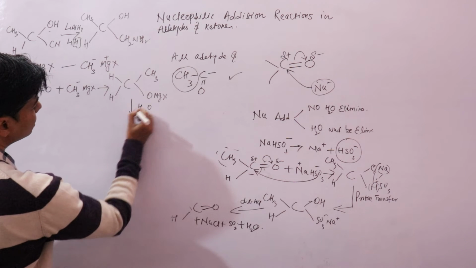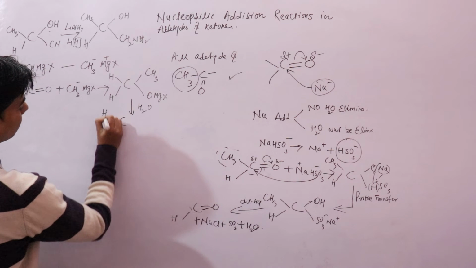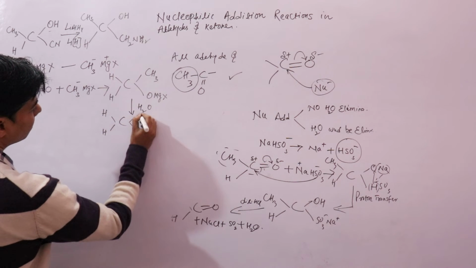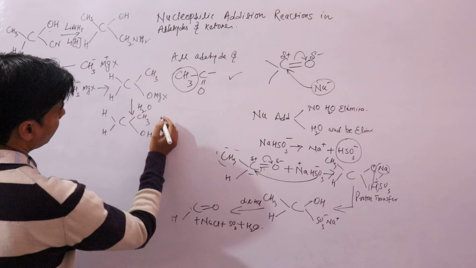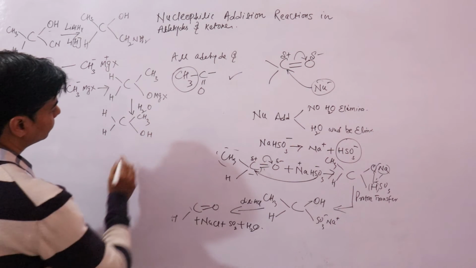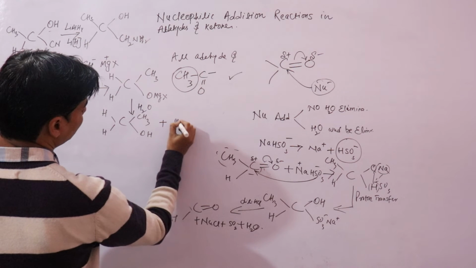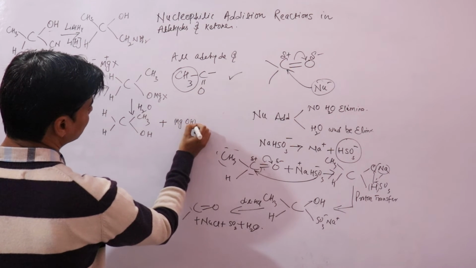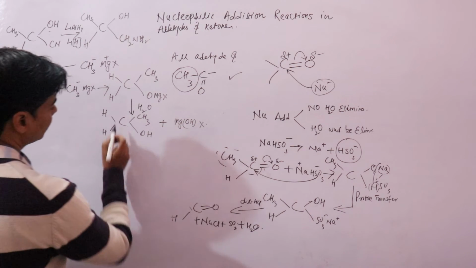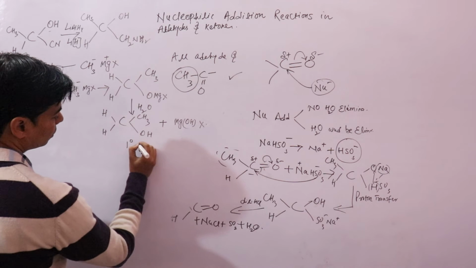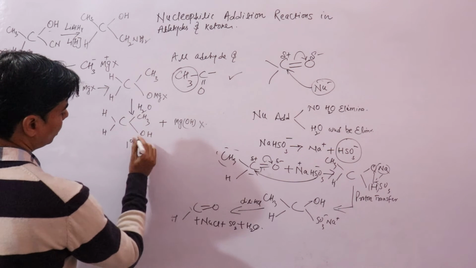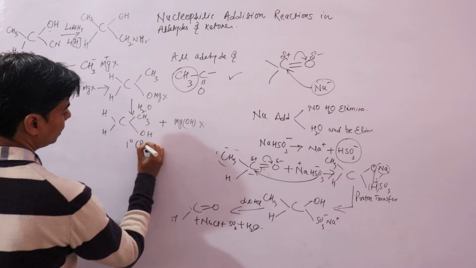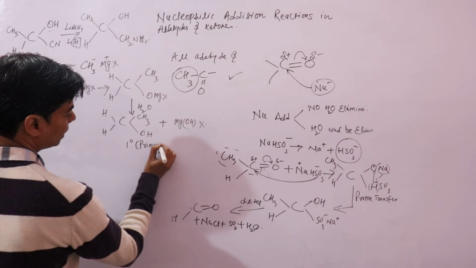This is hydrolyzed to give you CH3 CH2 OH, plus MgOH X. So this is your primary alcohol, or 1 degree alcohol.